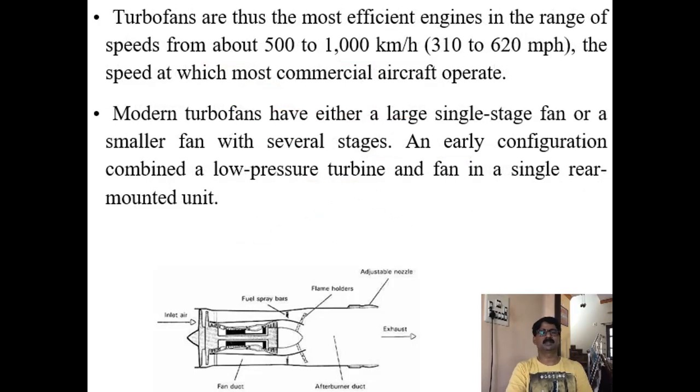Turbofans are thus the most efficient engines in the range of speeds of about 500 to 1000 km per hour, the speed at which most commercial aircraft operate.